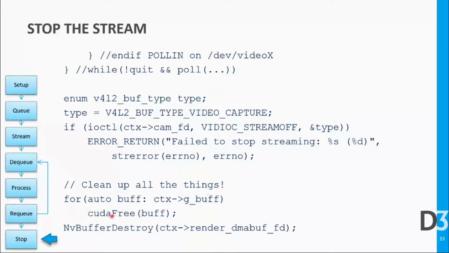Free all of the user pointer buffers that we created, and destroy the DMA buffer that was used for the output. And because we've been cleaning up each frame as we go, we don't need to also destroy EGL images or things. We already did that. This is the state that's persisted across the duration of the capture session. And that is actually it.